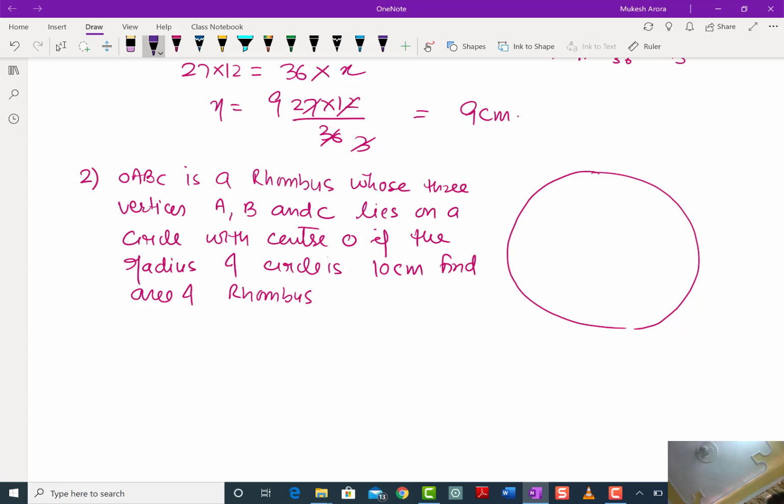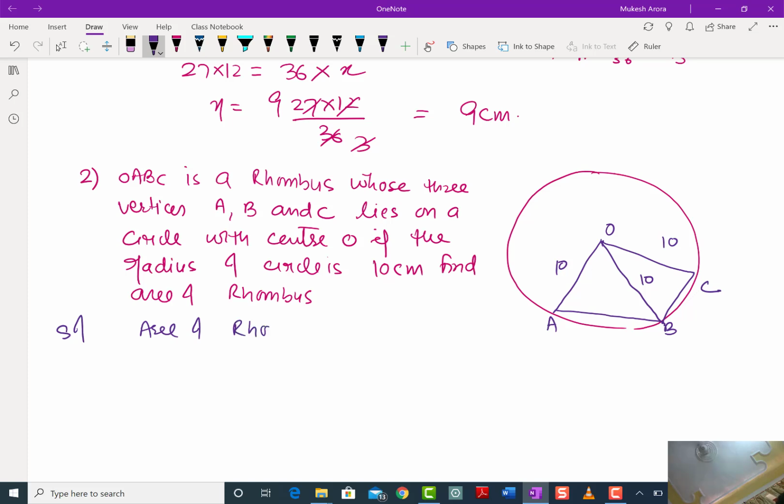So let's understand the question. O is the center. 3 points lie on circle. OABC. Radius is 10 and OB is also radius 10. So we have to find the area of a rhombus.